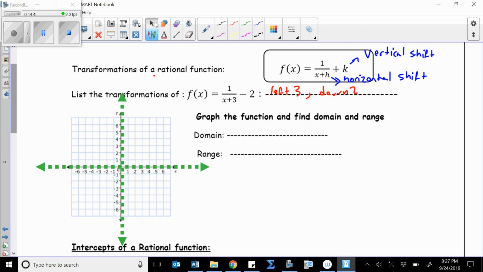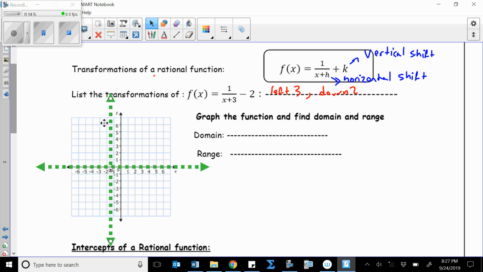So we're going to do the same thing on our asymptotes first. This asymptote is going to move left 3: 1, 2, 3 to the left. And if I move this down 2, we're not going to see anything, because this is just a vertical straight line, and it's continuing forever. So if I move it down, I don't see any change.